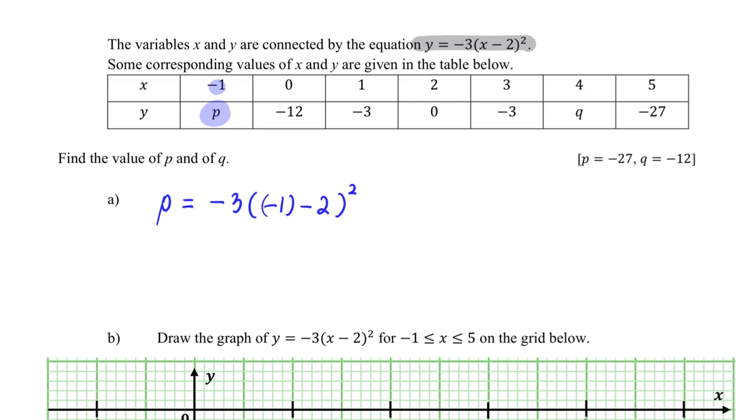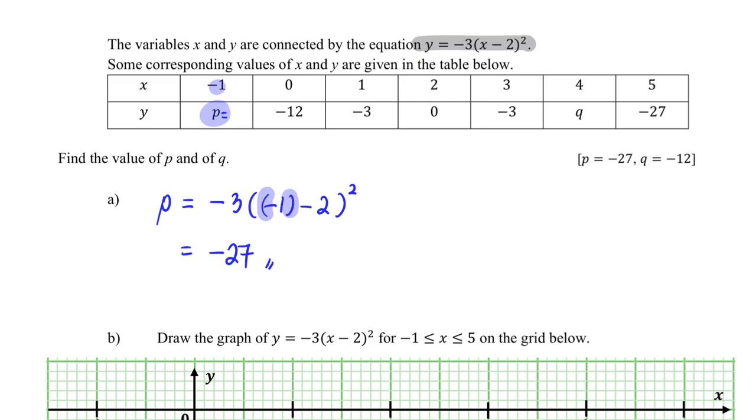Notice that Mr. Tan always, every time I substitute values, remembers to put parentheses or brackets. So this will give me a value of -27.